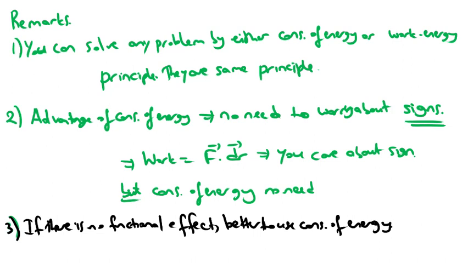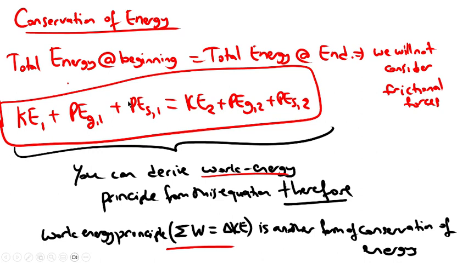Frictional effects can be the kinetic friction coefficient, static friction coefficient, the drag force, whatever. Yes, better to use conservation of energy. That is its advantage. But as I told, the work energy principle is a manifestation of the conservation of energy, and you can easily move from this equation to the other equation. Very easily you can move.